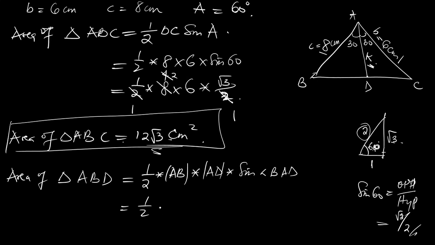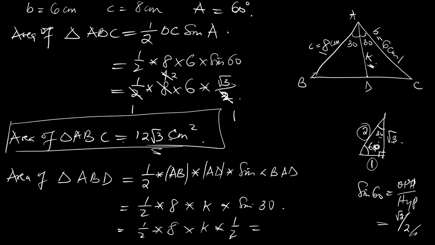So now you have half times AB is 8, AD is K, times sine 30. So half times 8 times K times sine 30. If you look at here, here is 30, here is 90, so here is 30. So now sine 30 is opposite to this angle 30, so 1 over 2, so it is half.